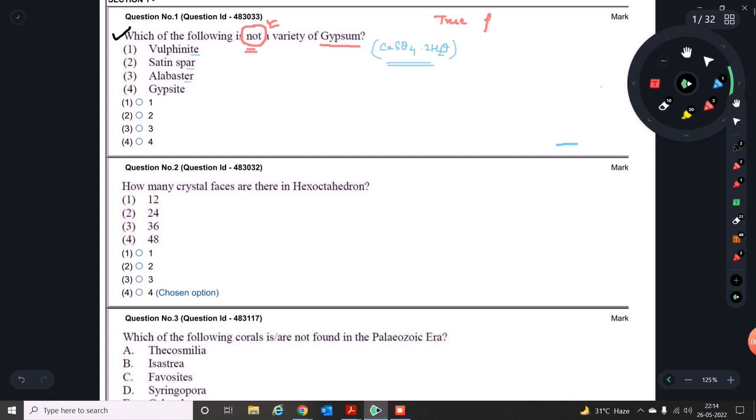First one is given as wulfenite, satin spar, alabaster, gypsite. So basically here you can see there are four options. I can tell you that gypsum has a few varieties, such as selenite. Note these points down.